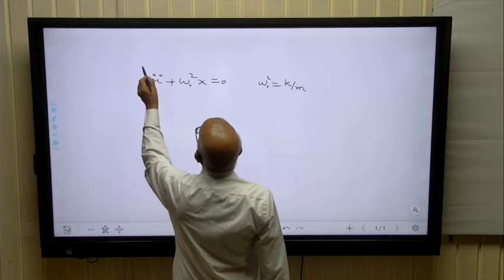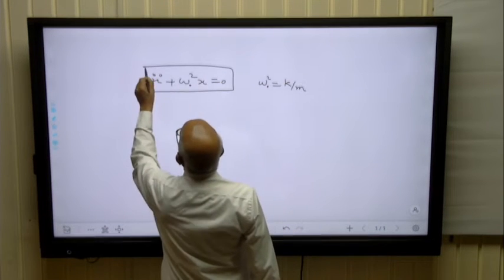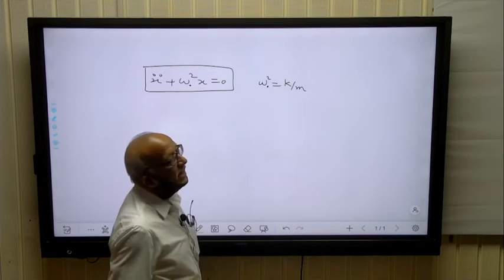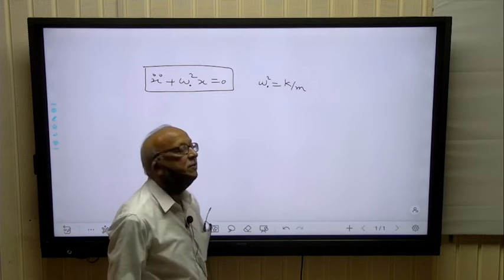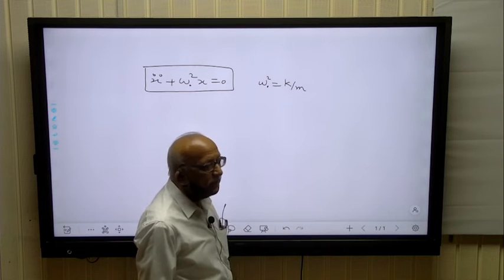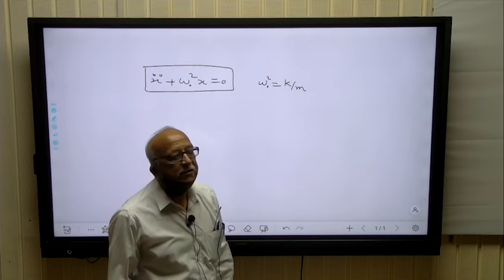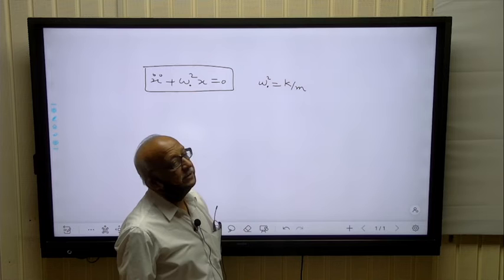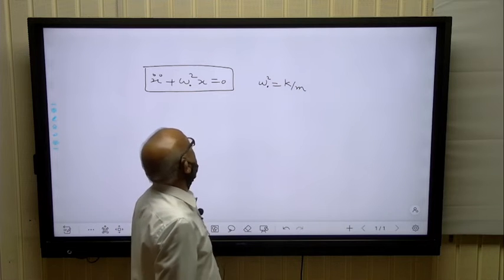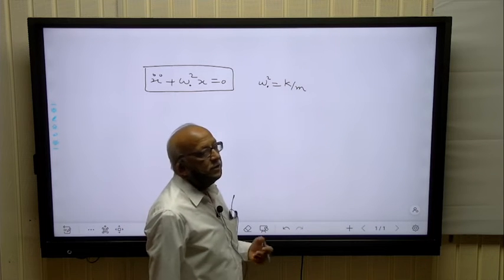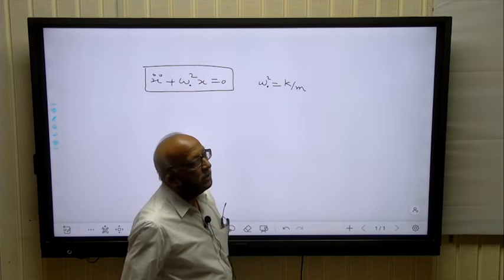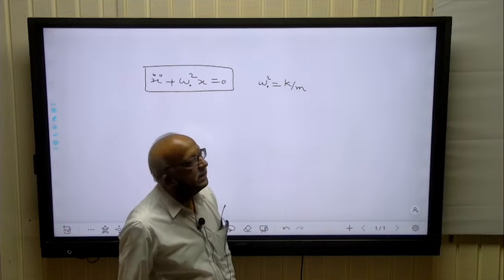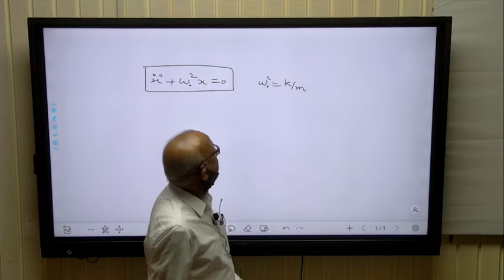Now this is a linear second order differential equation. Every differential equation has some solution, and the number of constants in the solution depends upon the order of the equation.